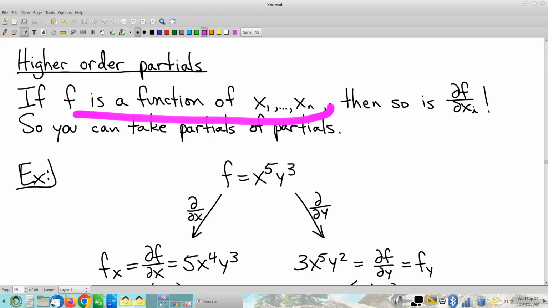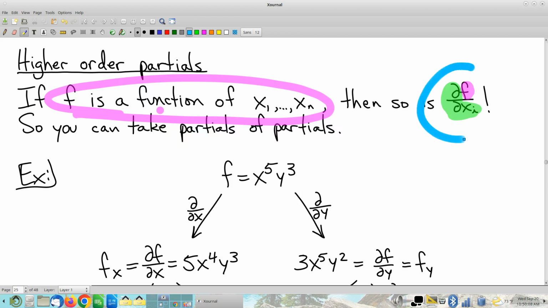If you have a function of several variables, and you take a partial derivative, well, good news. This partial derivative is also another function of the exact same variables. And it's easy to observe this happen.